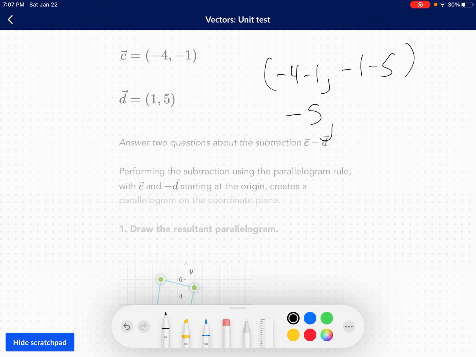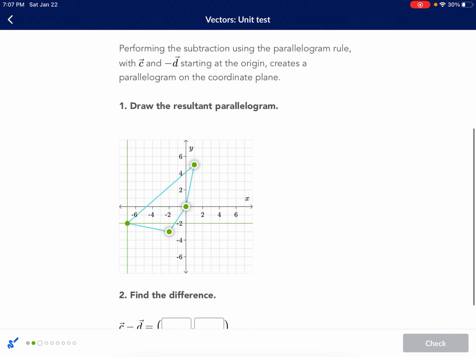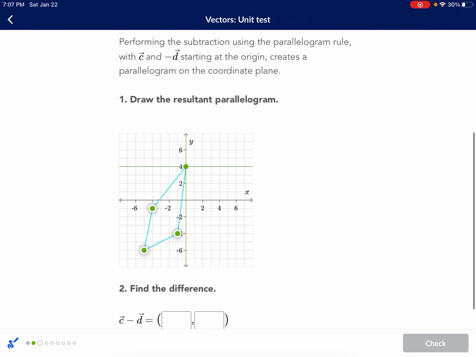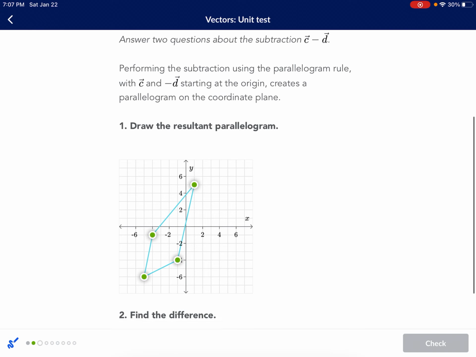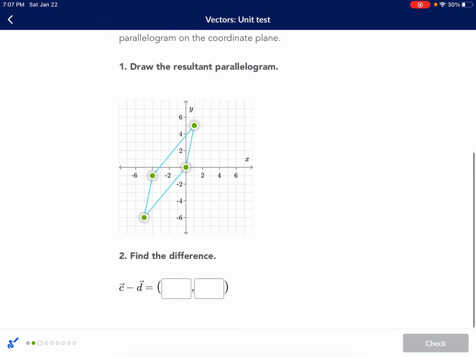You should get negative 5, negative 6, with points negative 4, negative 1, and 1, 5, and a point at the origin too.